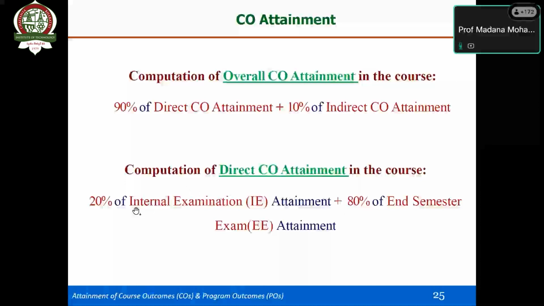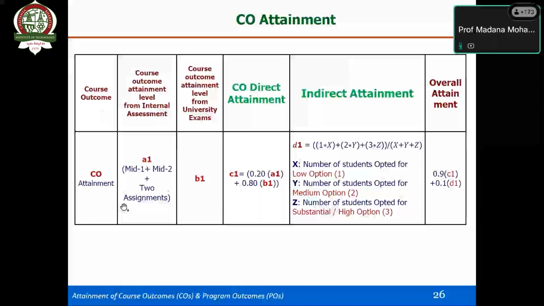For example, here 20% is internal examination attainment and 80% is end semester examination attainment. So separately we have to calculate internal examination attainment and end semester examination attainment, then you can apply these percentages of weightages. Now let us see the CO attainment calculation formulas component-wise.